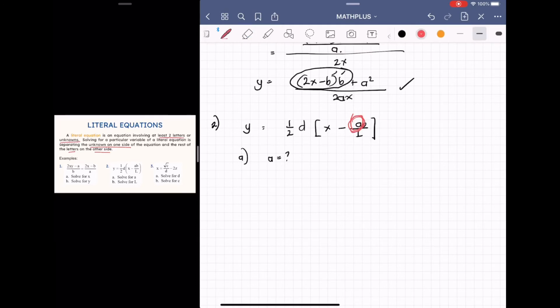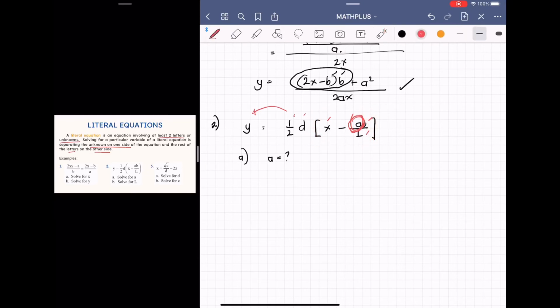So I should be able to transfer all of this to the left side so that they get equated to just a. So the first thing to do is before I can free the unknown, okay, since it is enclosed in a parenthesis and that parenthesis is still multiplied to this, I have to divide both sides by this fraction so that I will only have the group terms or my binomial at the right side.